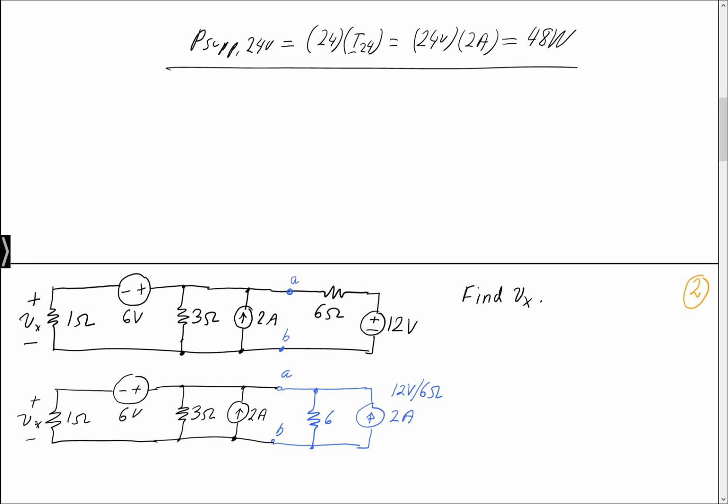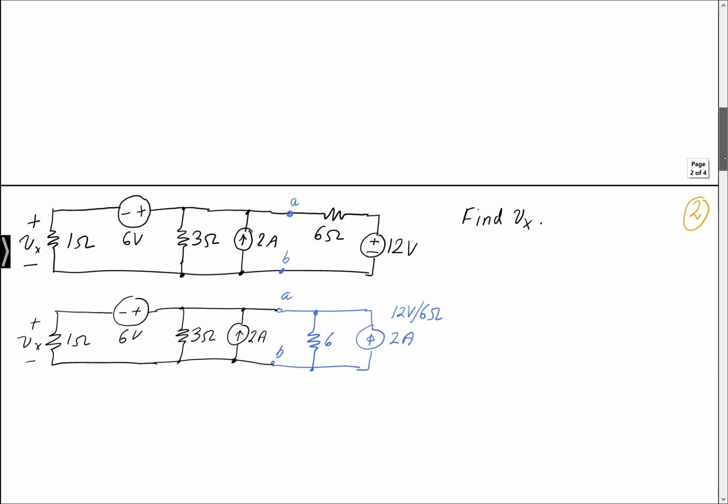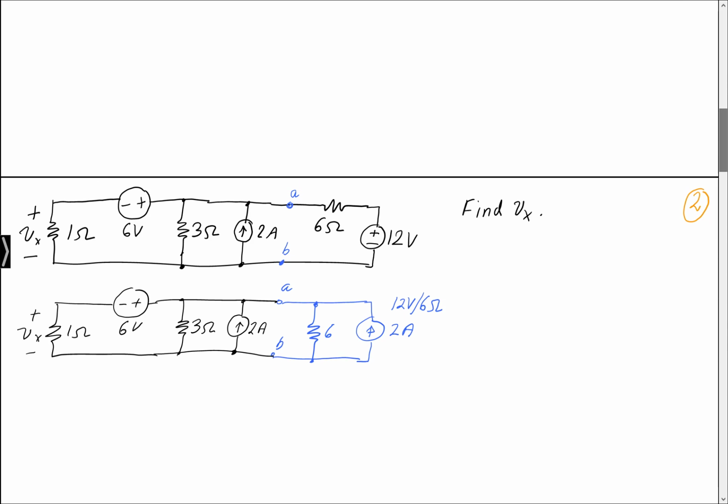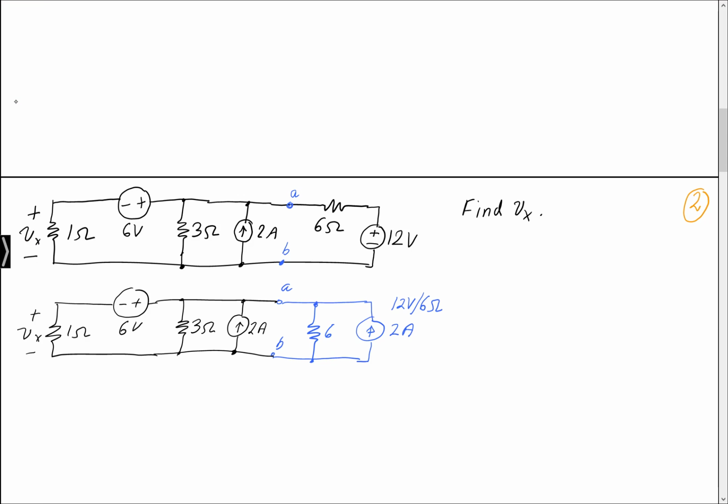Now, in this step, if we look at the circuit, we see not only one, but two simplifications. Let me point those out to you. The first thing you see is that there are only two terminals here.